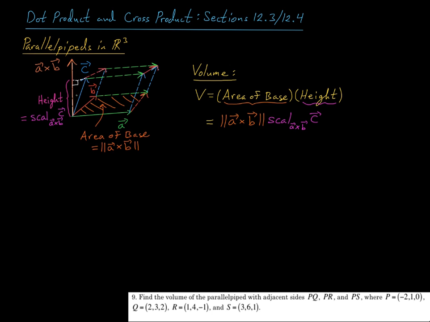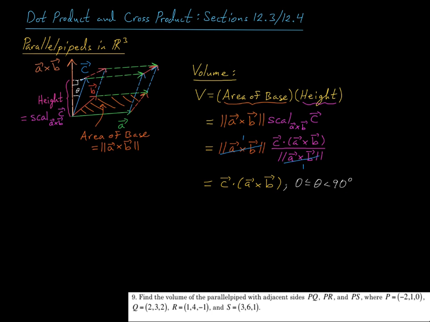The scalar projection is the dot product of the two vectors, so C dotted with this cross product, divided by the magnitude of the vector we're projecting onto, which in this case is A cross B. Noting that the magnitude of A cross B drops out, this is equal to C dot this cross product of A and B. But again, that will hold provided the angle between C and this cross product vector is acute.